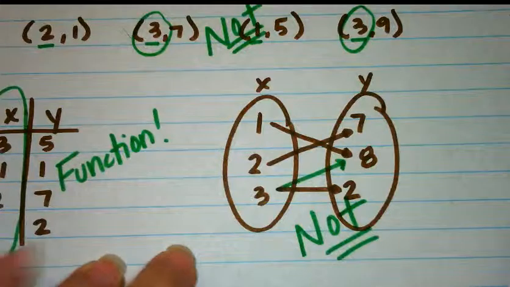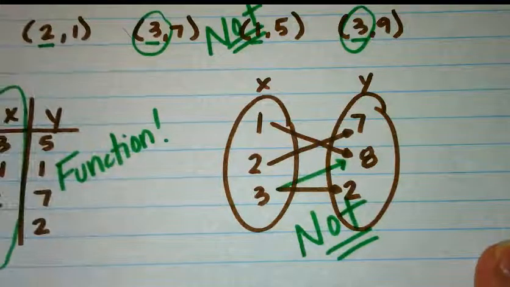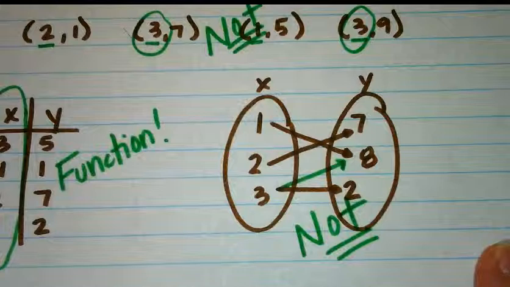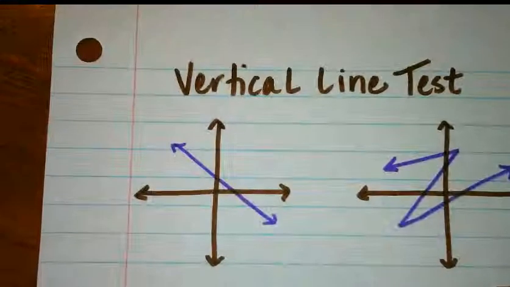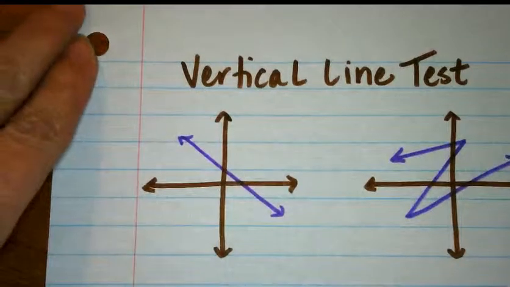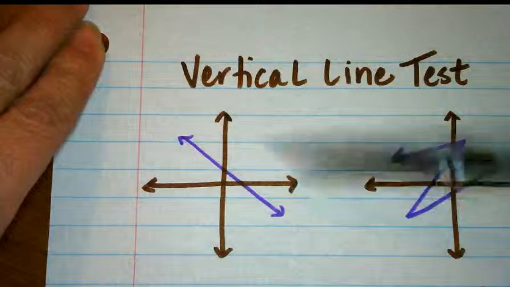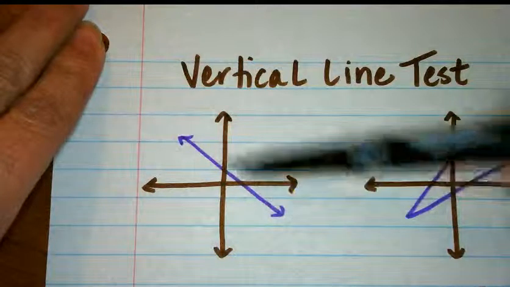We can also look at the vertical line test when we are trying to decide if a graph is a function. The vertical line test is pretty simple. You're going to draw some vertical lines and test the graph to see if the function is in fact a function or just a relation. So when you get a graph, and I already made, this is the X and the Y axis, so here is our line.